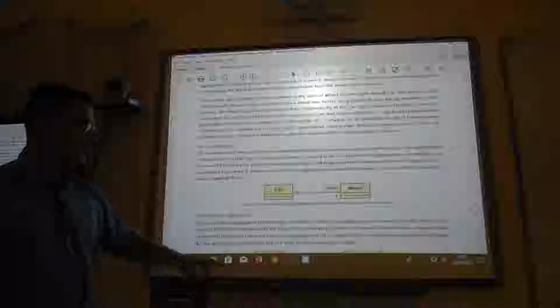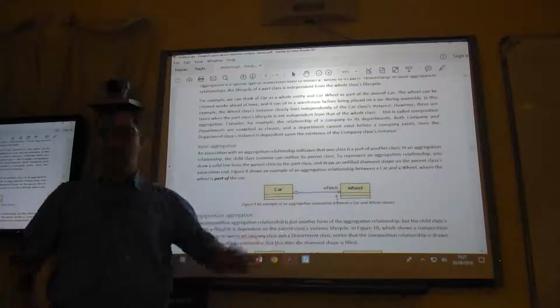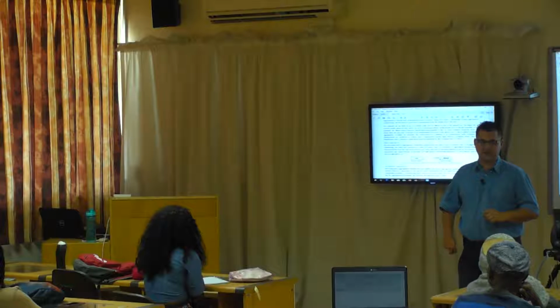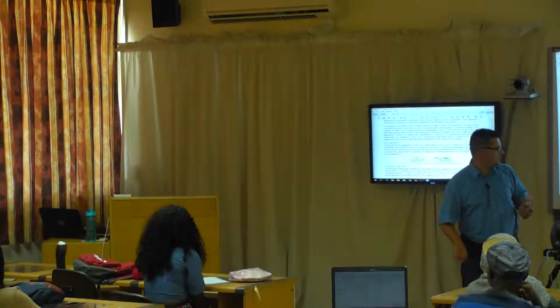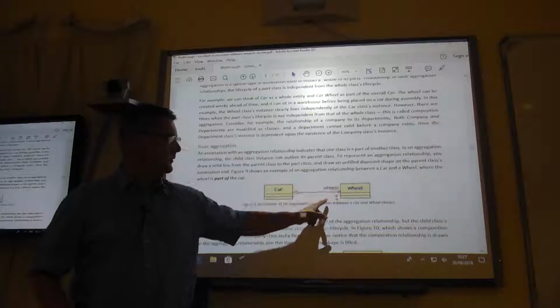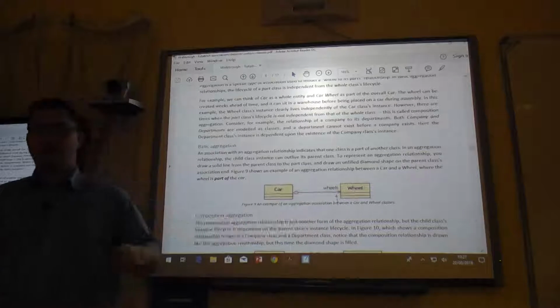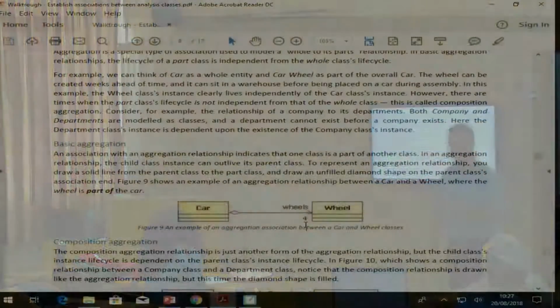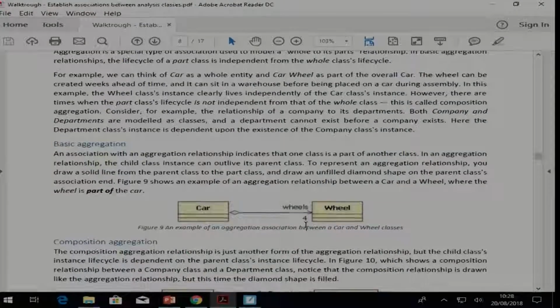Okay, now because aggregation is also still a relationship, there is multiplicity on a diagram. What we're also seeing is that we start to see the role names or association names which can be used, but in this case they've used the role names. Which one should you use most often?